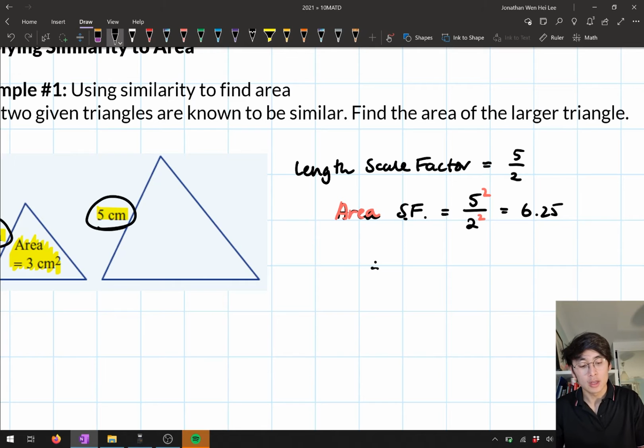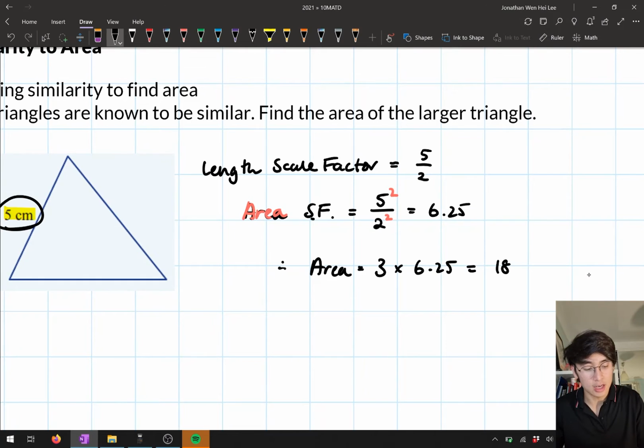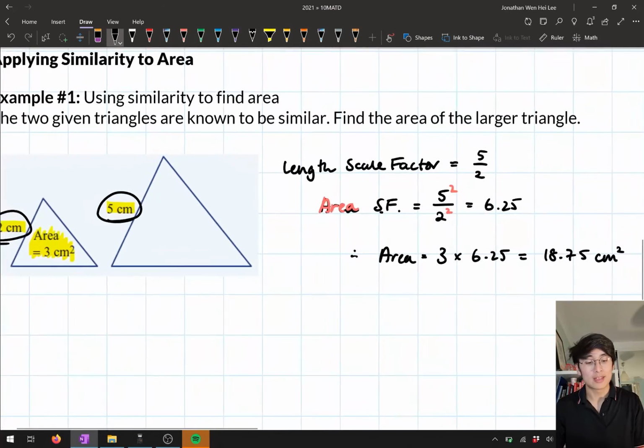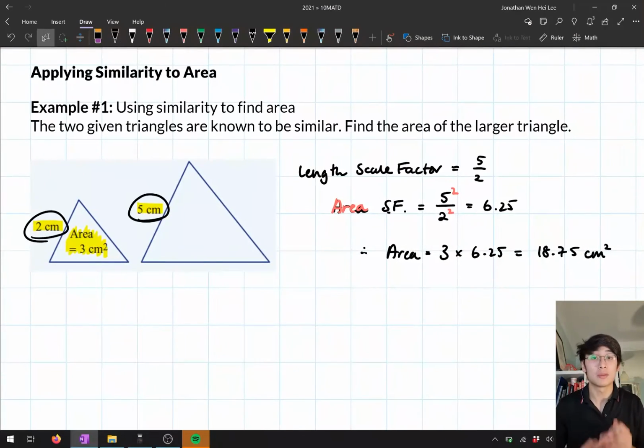Therefore, the area of my larger triangle is going to be my measurement of the first one, 3, times my area scale factor of 6.25, and I end up getting 18.75, and because this is an area, it's in centimeters squared. So that's how we can find area using similarity.